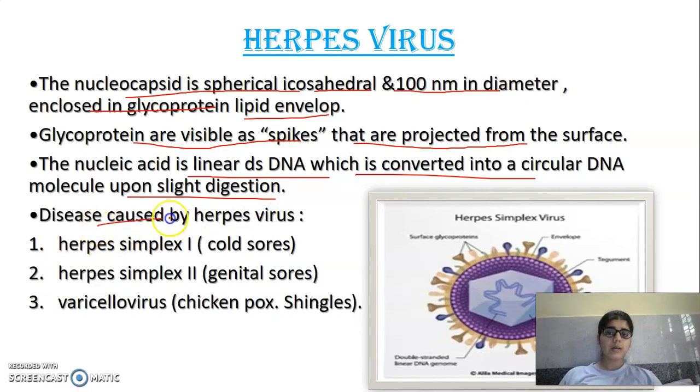Diseases caused by herpes viruses are herpes simplex 1, that is cold sores, herpes simplex 2, genital sores, and varicella zoster virus, that is chickenpox or shingles.